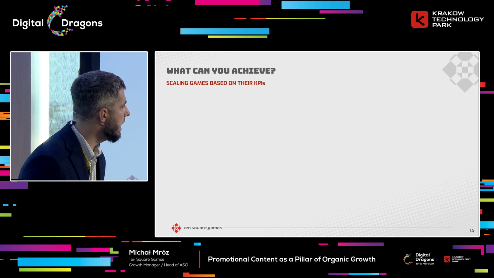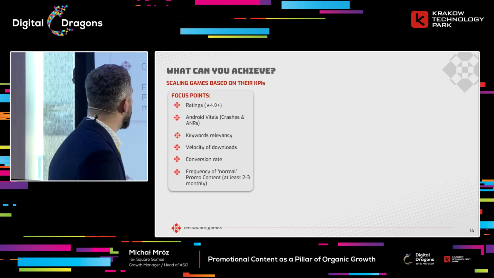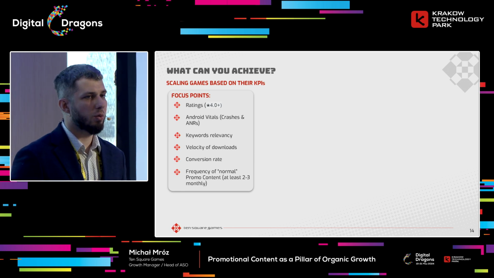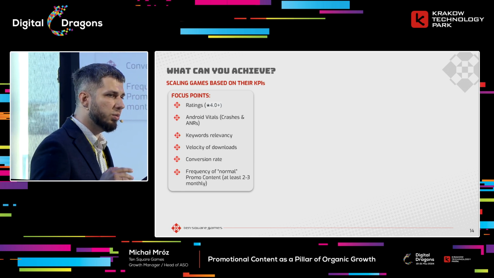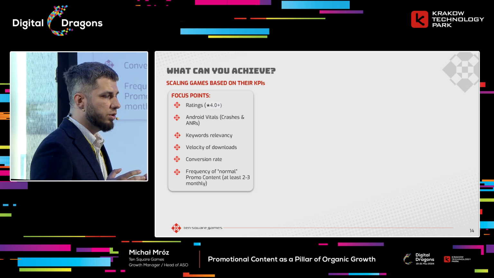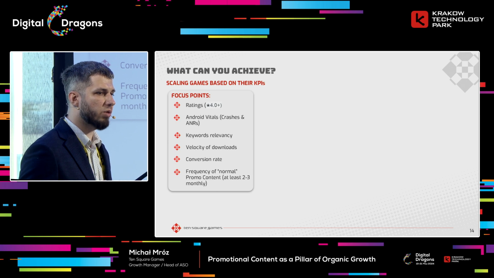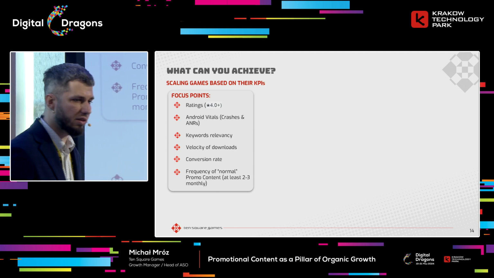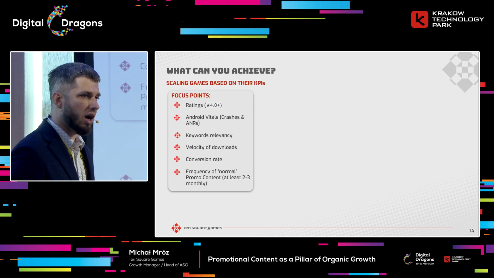But first, before we go into the land of charts, there is a reminder: whatever you work with algorithm-wise, on Google Play it usually also requires you to take care of your app quality, because algorithms pay very big attention to how your quality works, especially Android Vitals, but not only this. You have to take care that your ratings are high.